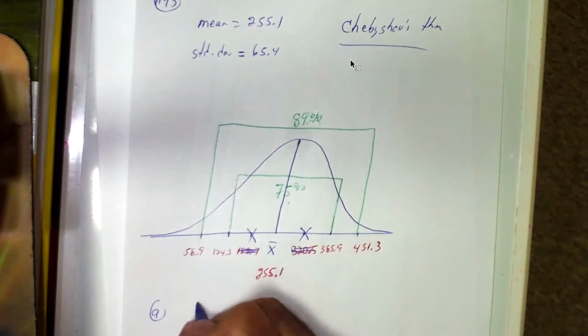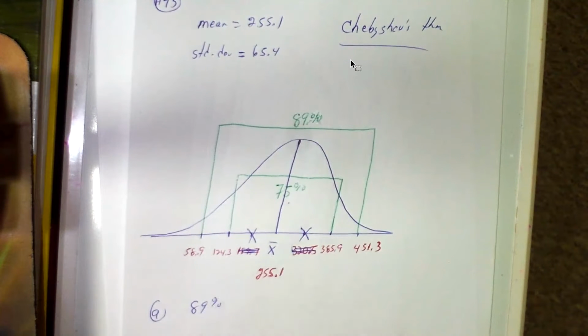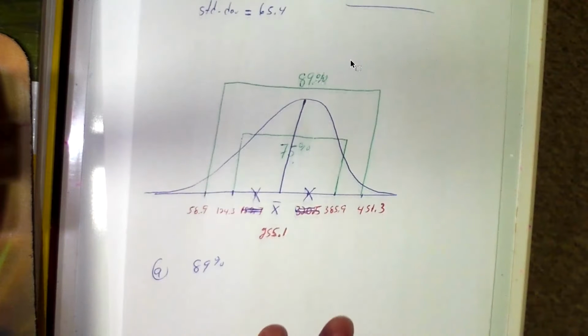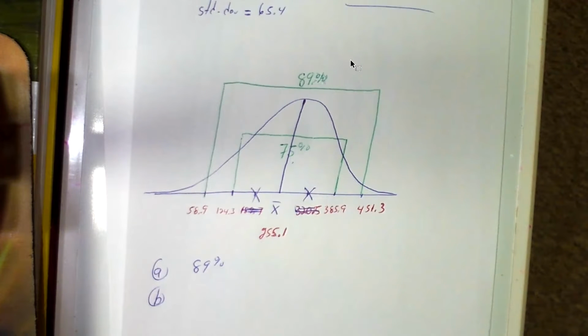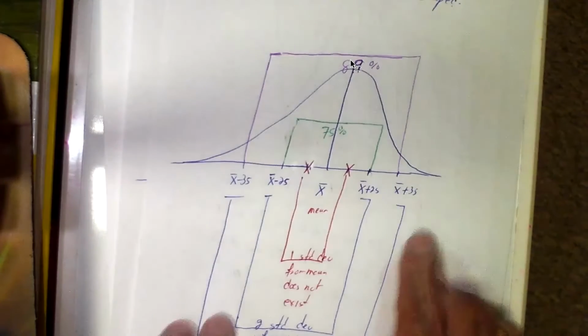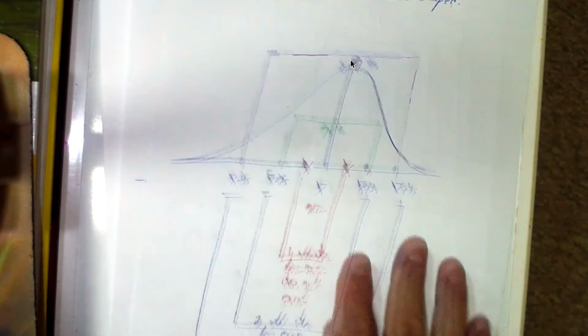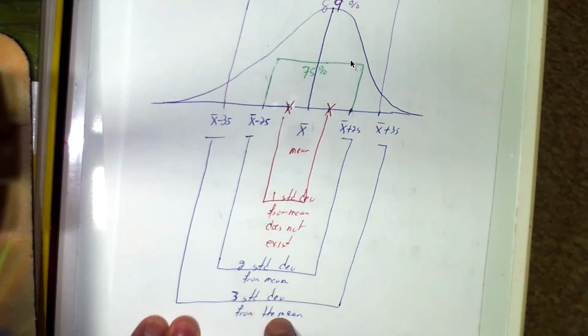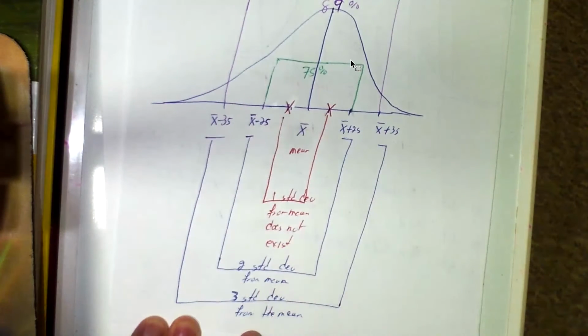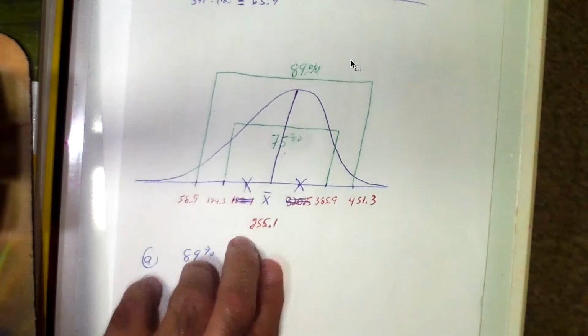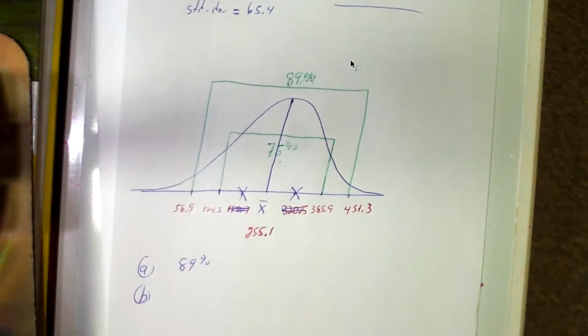That equates to 89%. Going back to our graph, the 3 in the ends is 3 standard deviations from the mean, the ends from our graph that we produced, right? So that's where we got 89%. Okay.